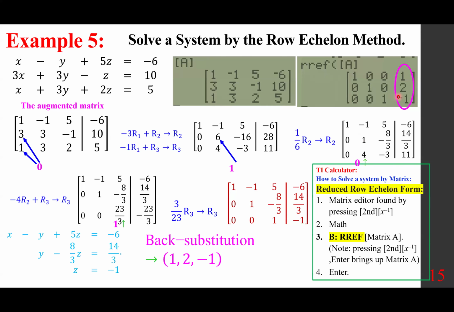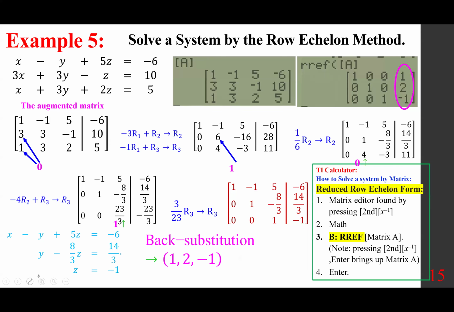If you do REF, it gives you a similar result. By the way, this is not unique. I want you to know that. Reduced row echelon form is unique, but row echelon form is not unique because of the steps that we took. One may take different steps and arrive at the same answer, but these numbers may be slightly different. The result will always be this.